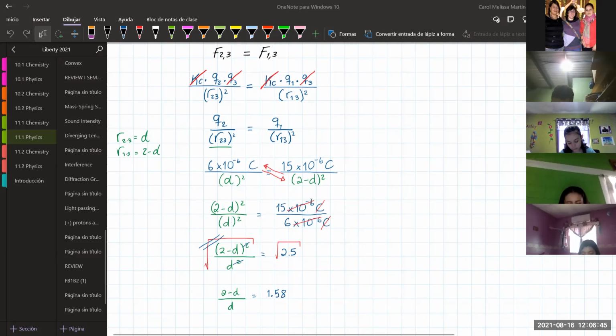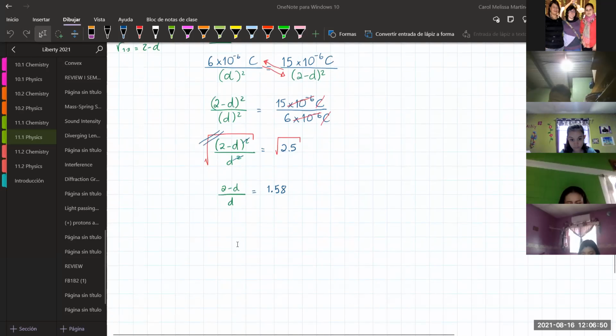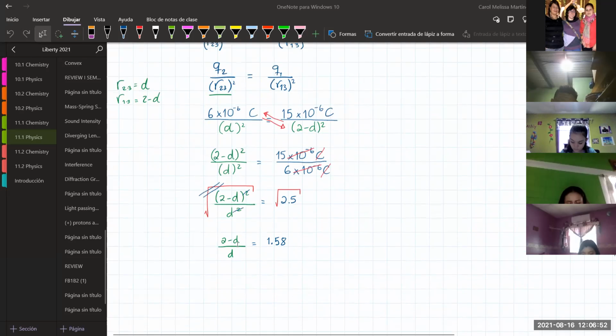Okay, now I need to isolate for d, okay? But d is in the top and d is in the bottom, okay? So right now I'm going to go back.